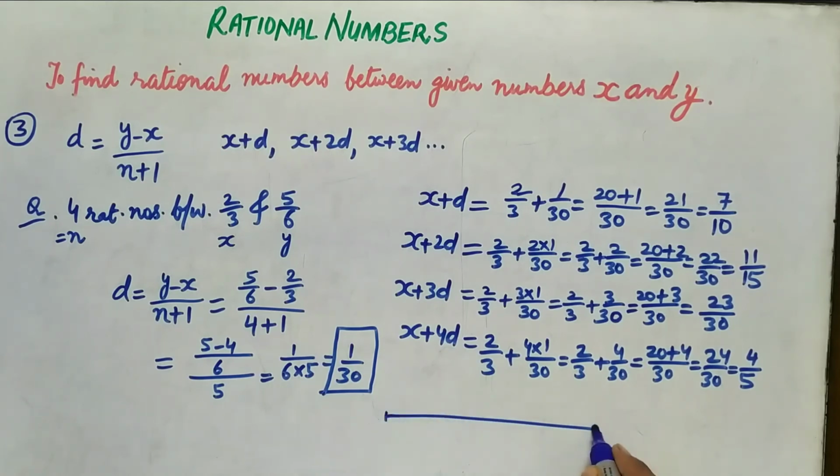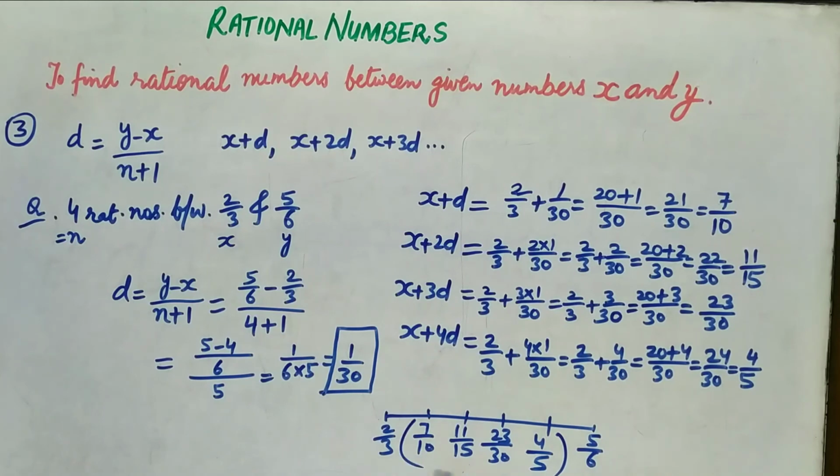So we have found 4 rational numbers. x and y was 2 by 3, 5 by 6. The rational numbers we have found are 7 by 10, 11 by 15, 23 by 30 and 4 by 5. These 4 rational numbers we have found.